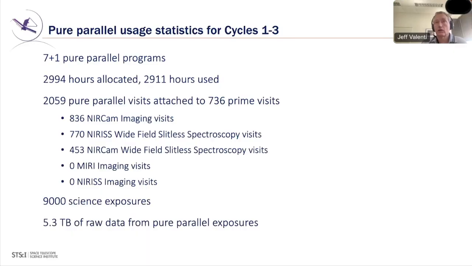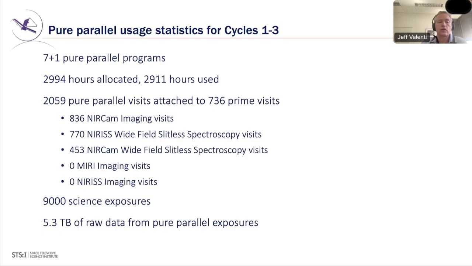Just for context, here are usage statistics for the first 3 cycles, pure parallel usage statistics. There were no pure parallels approved in cycle 4, so this is basically everything to date. There were 7 pure parallel programs. One of them has a second program ID to continue observing.